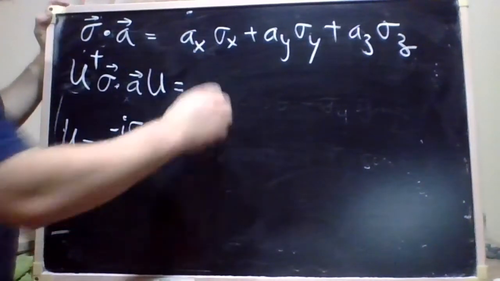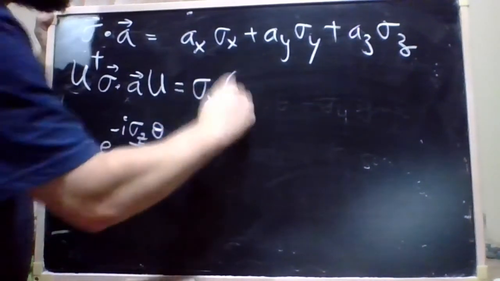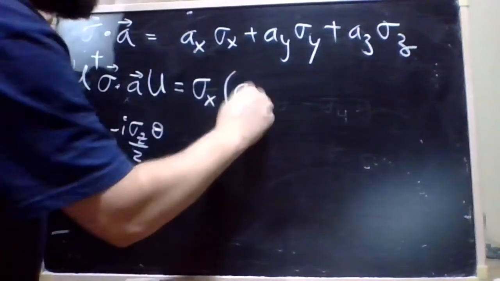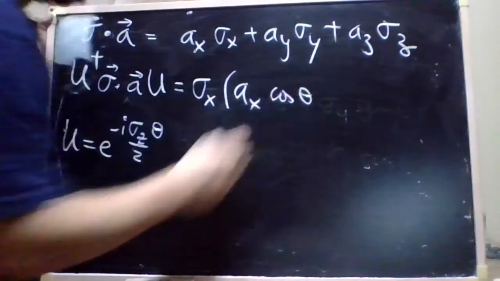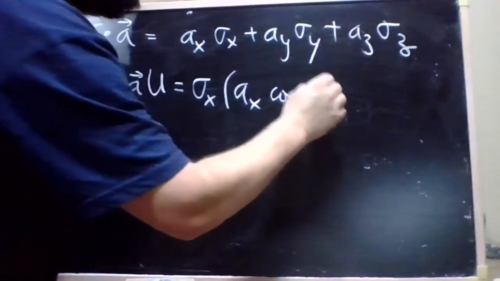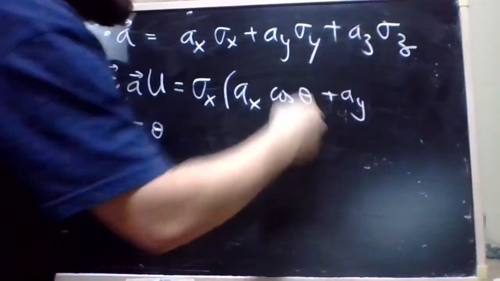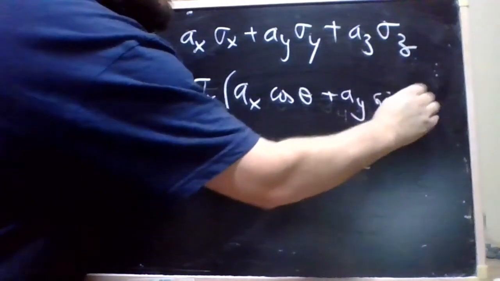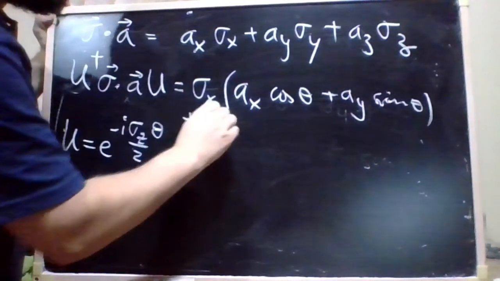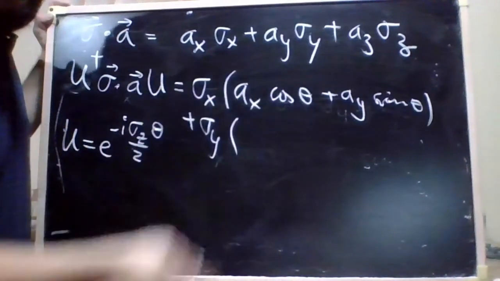and you'll find that you can put sigma x in evidence, ax cosine of theta minus plus, I guess, ay sine of theta, plus sigma y. You can demonstrate all these things.